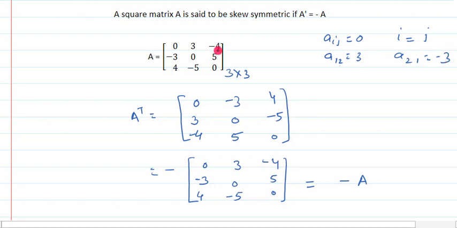Similarly, A13 is minus 4 and A31 is plus 4. A23 is plus 5, A32 is minus 5. So what we are observing? That element Aij is equal to minus of Aji. If this arrangement is there in any matrix, then that matrix is a skew symmetric matrix.